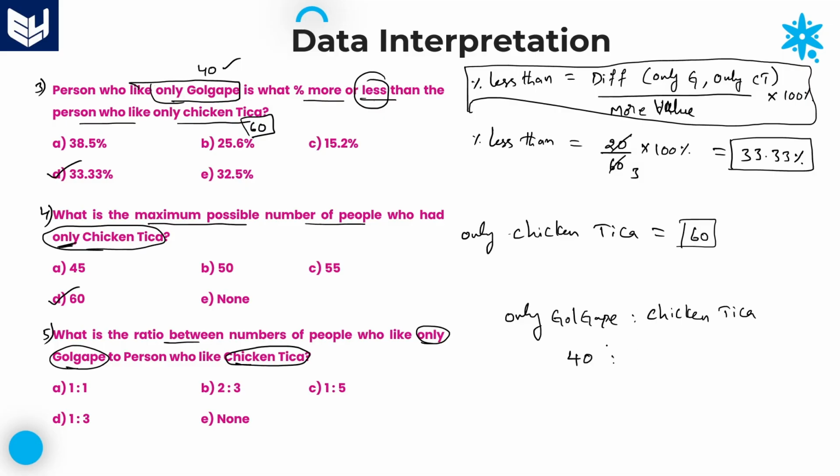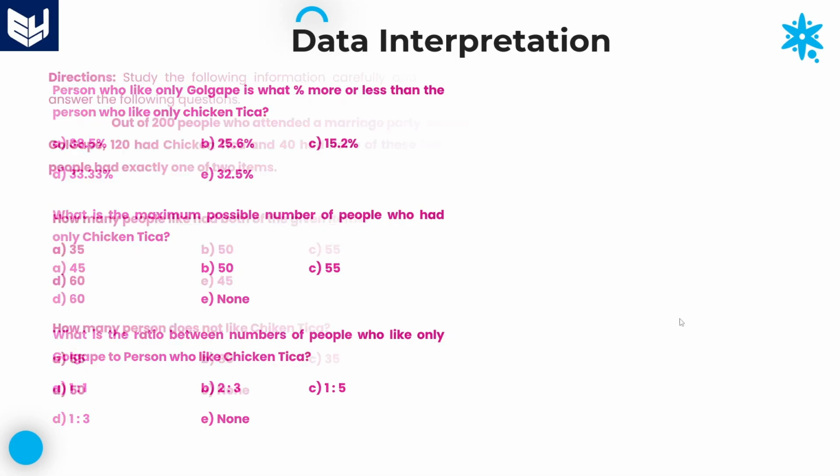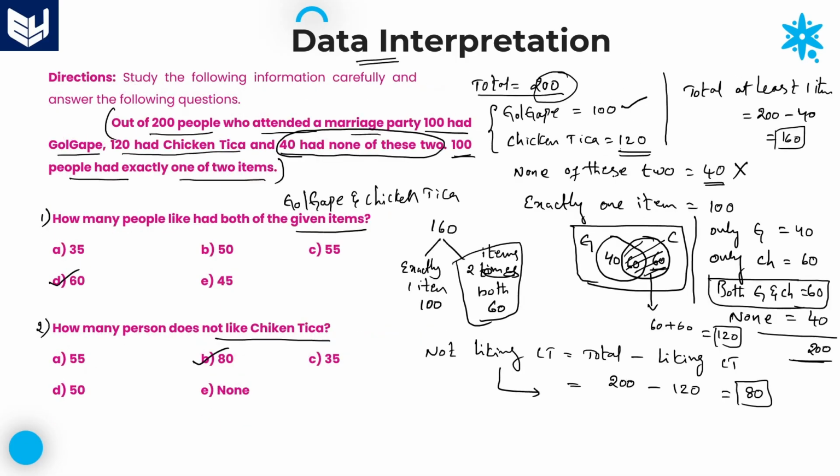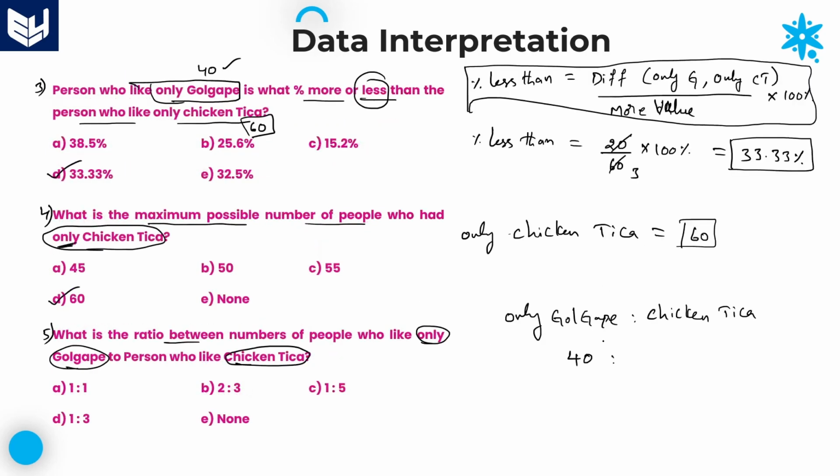Whereas coming to chicken tikka, he is not asking us to take only chicken tikka. He is asking us to take the entire chicken tikka value, that is 120. 120 members are liking chicken tikka. Now you need to take the ratio of these two. 40 to 120, that is 1 to 3.